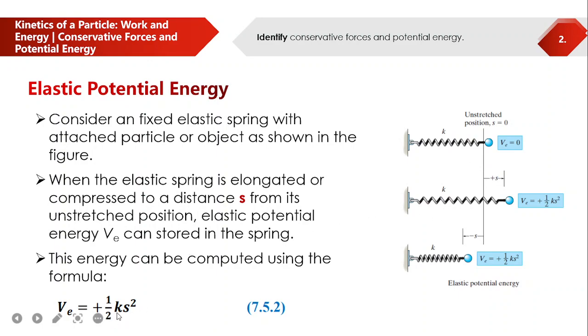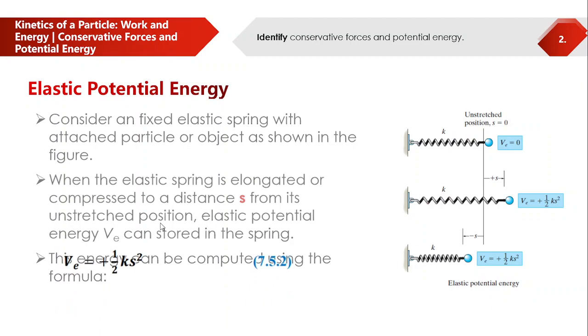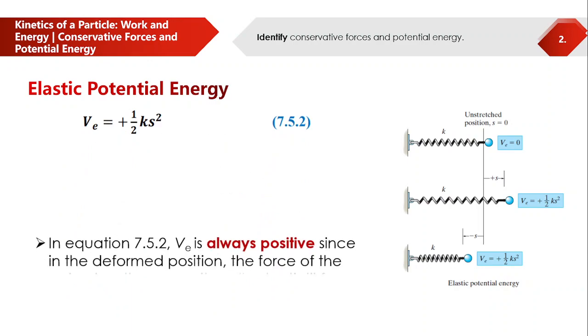Kung gusto mong malaman yung na-store na elastic potential energy sa spring mo, kunin mo lang yung in-stretch na distance mo or kinompress na distance mo away from its initial unstretched position. Tapos alam mo na yung constant of stiffness ng spring mo, then you can have your elastic potential energy na na-store mo when you stretch or compress that spring out. Okay? So that's how you solve for potential energy sa elastic or sa spring.